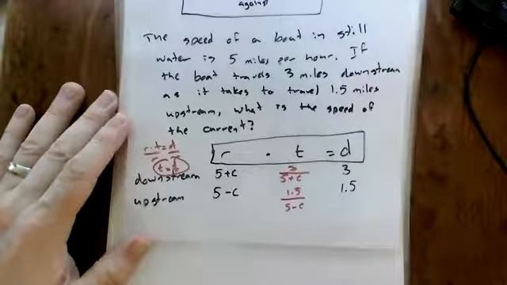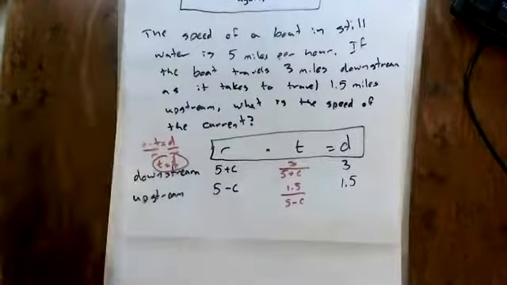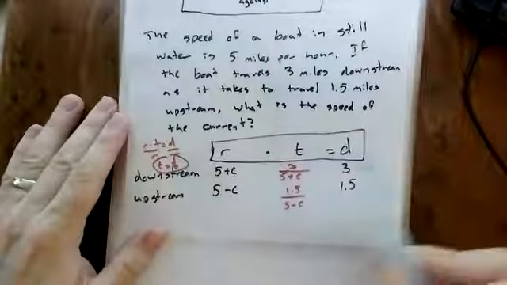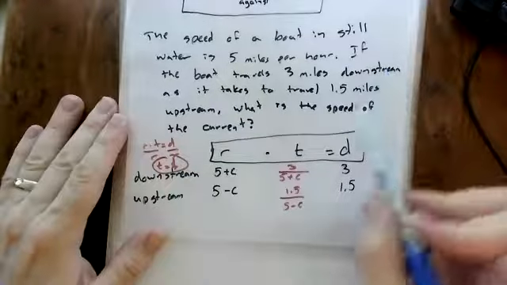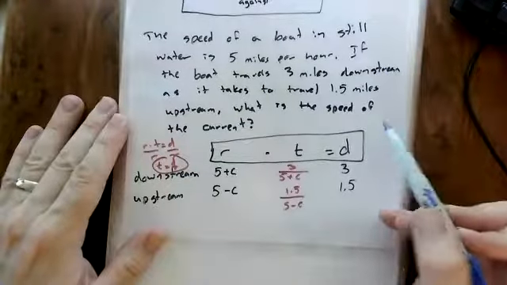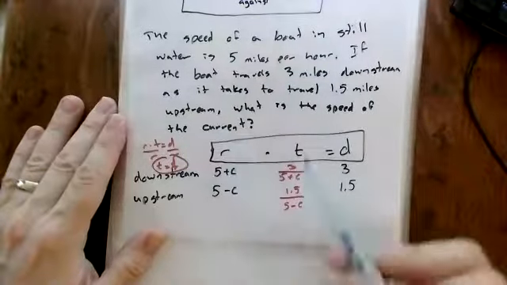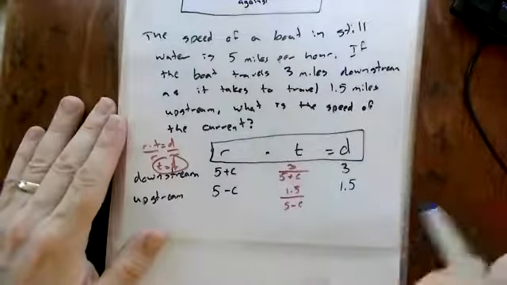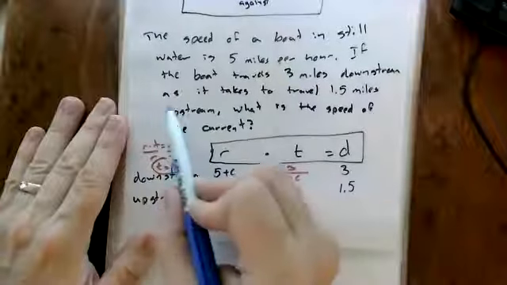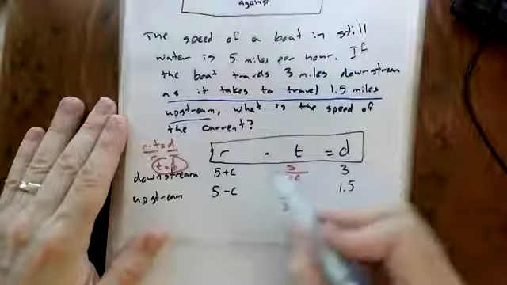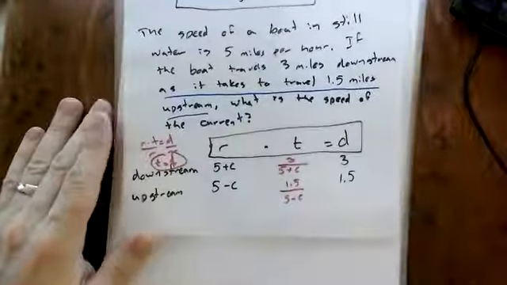Now one of the things that's kind of hiding in here is that it's the same amount of time. If the boat travels 3 miles downstream in the same amount of time as it takes to travel upstream, so these two things are going to be equal.